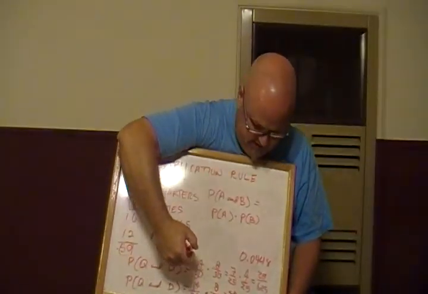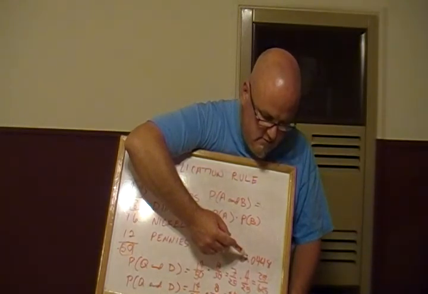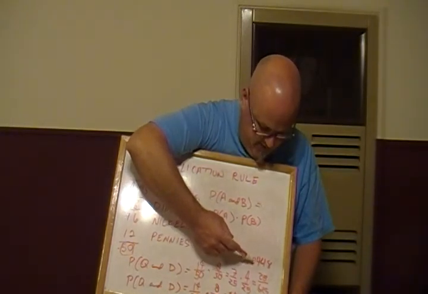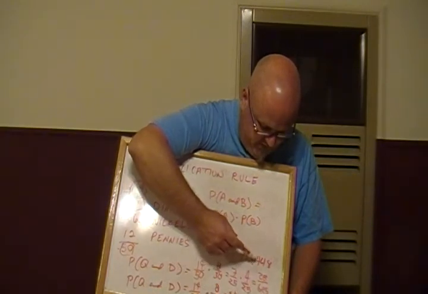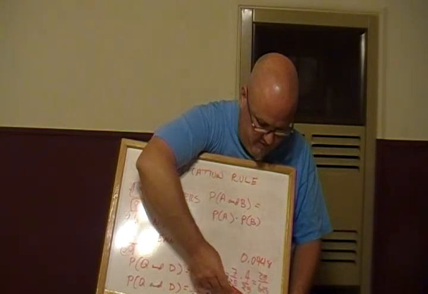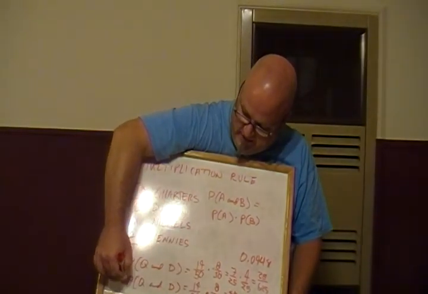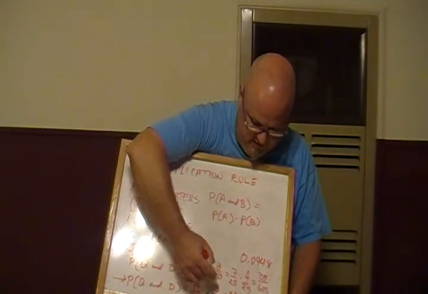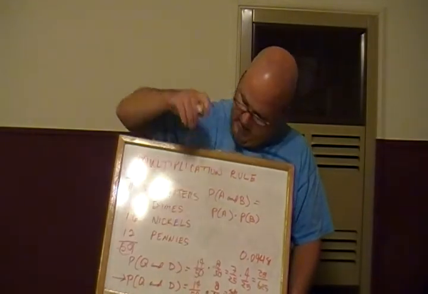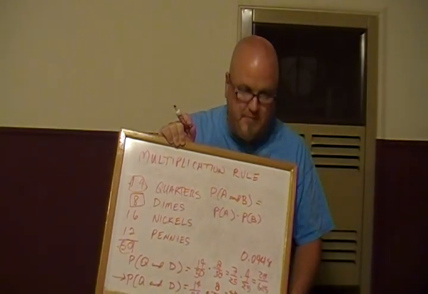So with replacement, the probability is 0.0448, and without replacement is 0.0457. So your chances are a little better without replacement because you're eliminating one coin in the second draw. And that's how we use our multiplication rule for independent events.